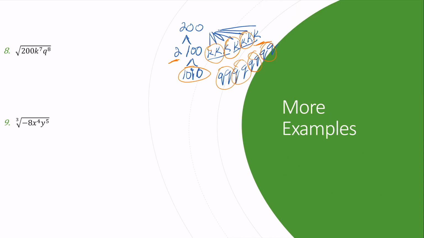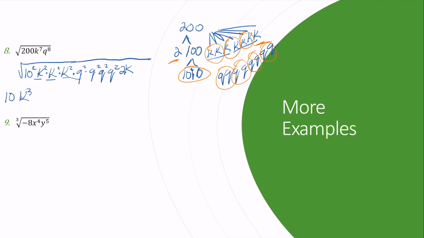So I could write this whole thing out, right? 10 squared times k squared times k squared times k squared times q squared. You don't have to do all of this if you can already see how this should simplify. So I'm left with 10, 1, 2, 3 k's, so k cubed, 1, 2, 3, 4 q's, square root of 2k.